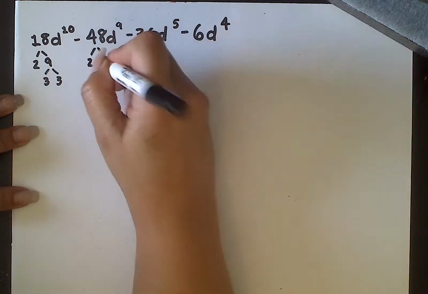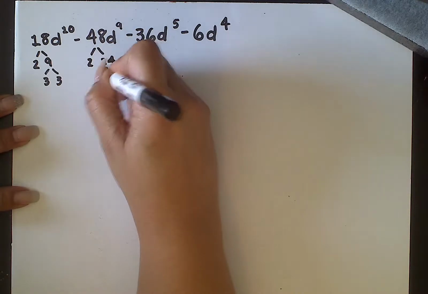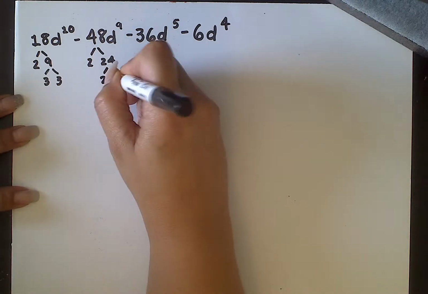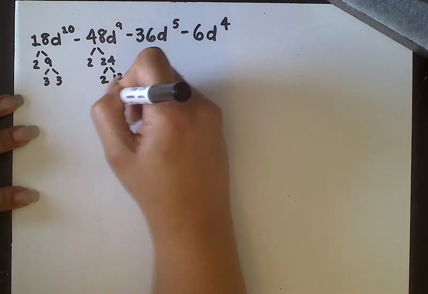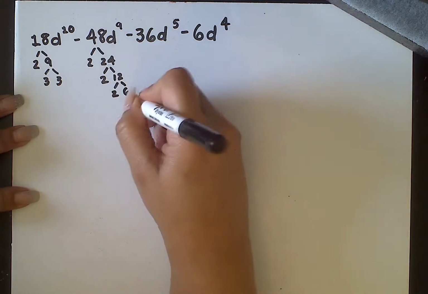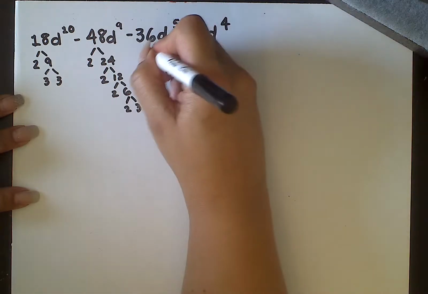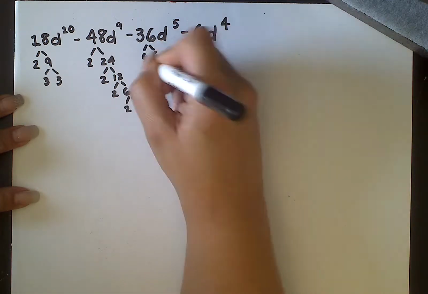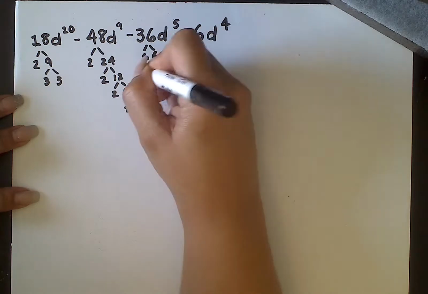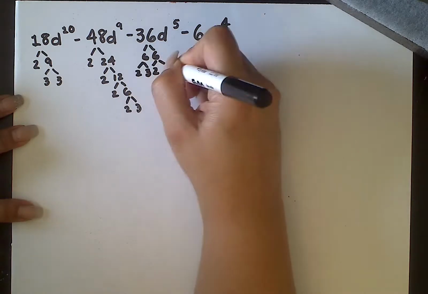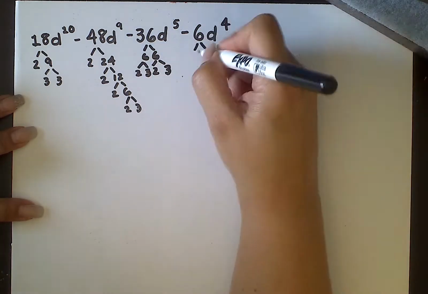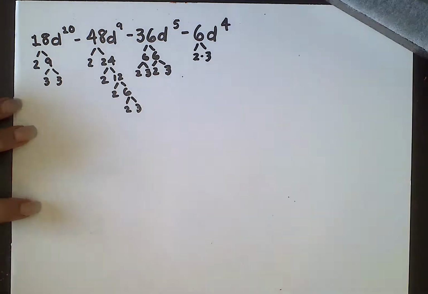I can break that into 2 times 24, 2 times 12, 2 times 6, 2 times 3. 36. That would be 6 times 6, 2, 3, 2, 3. And then, of course, 2 times 3.